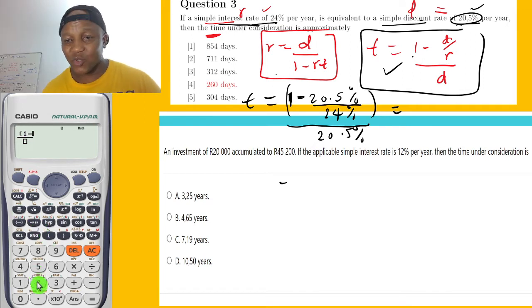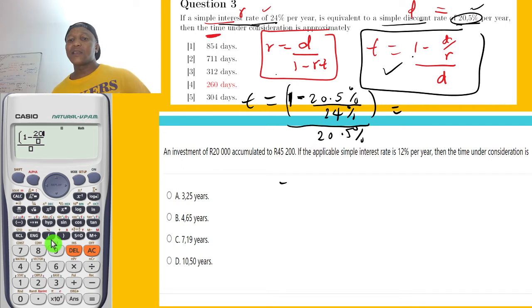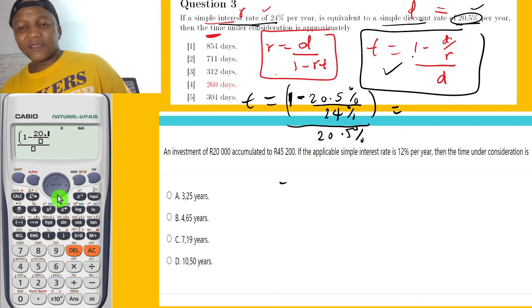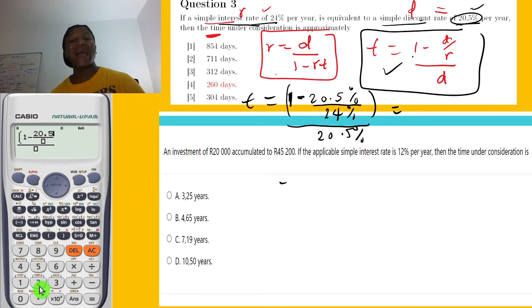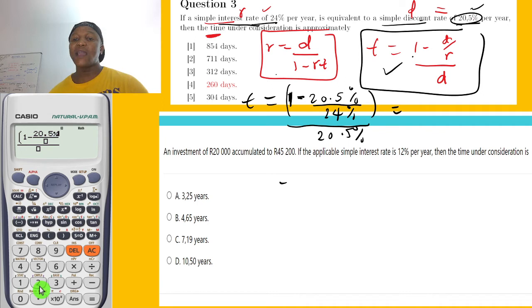Then we have 20.5%. Sometimes when you go too fast, it kind of freezes. Okay, 20.5%, and then underneath you come here and they say 24. Let me just wait for it to come. Whatever I plug in there, you can see what I'm plugging, so you know what I missed out. Okay, percent. Come with the denominator.